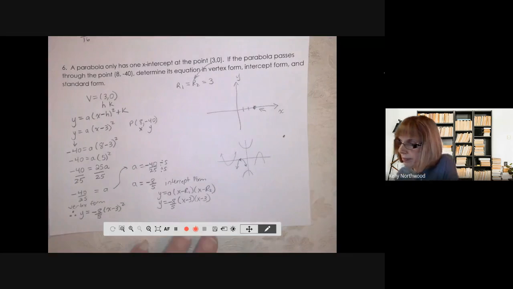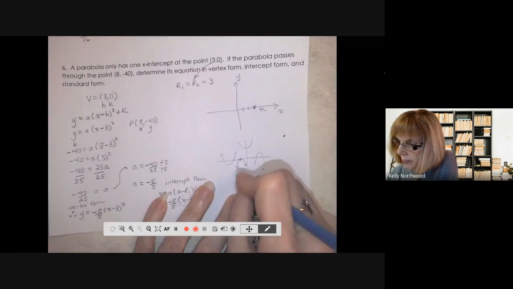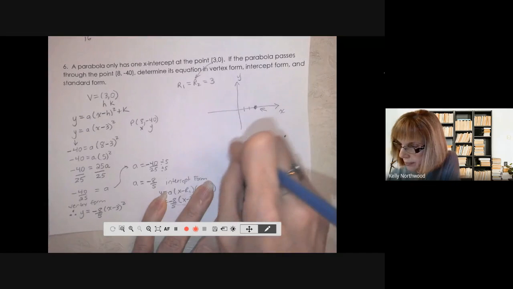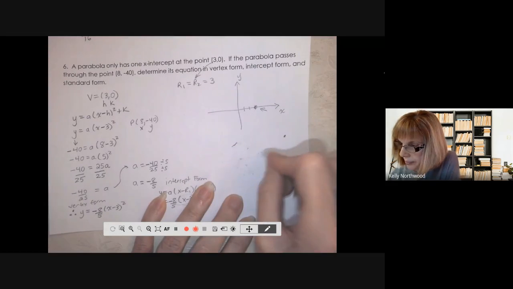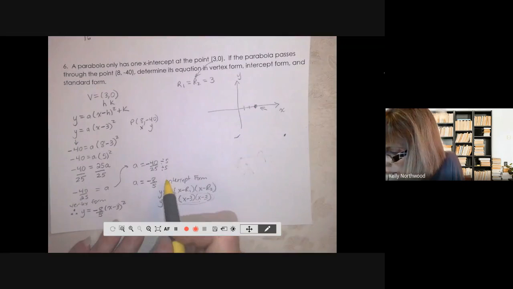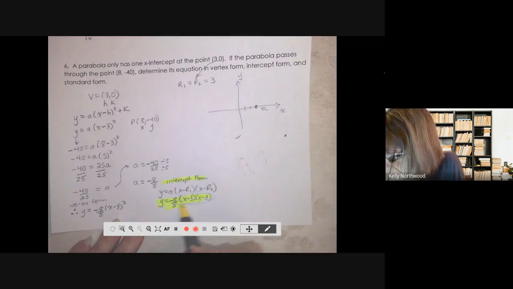Standard form, that's where I have to do some work. I'm going to have to use FOIL to expand these and then multiply. So I'm just going to leave myself some room to do that. So intercept form is this form here.